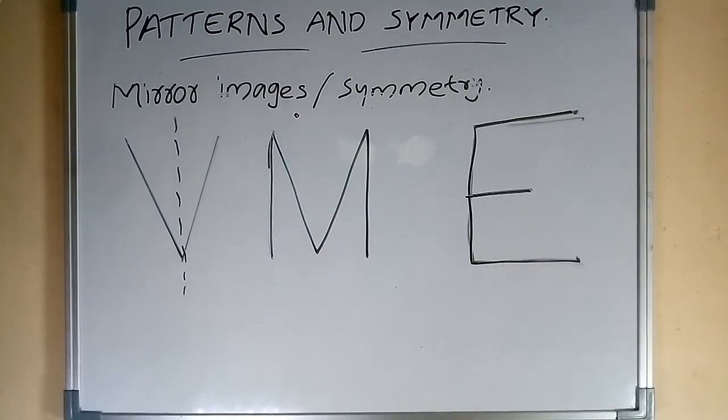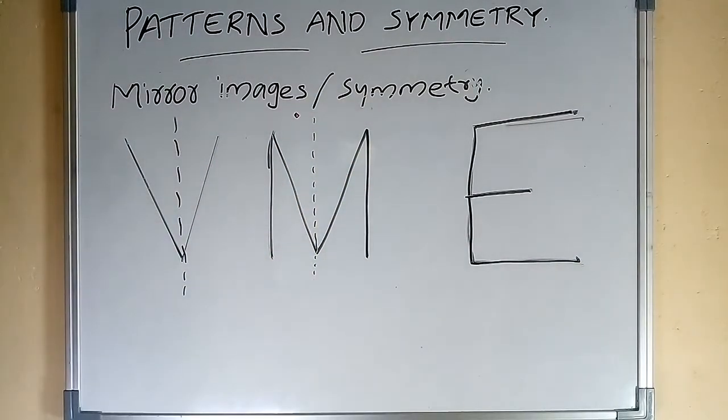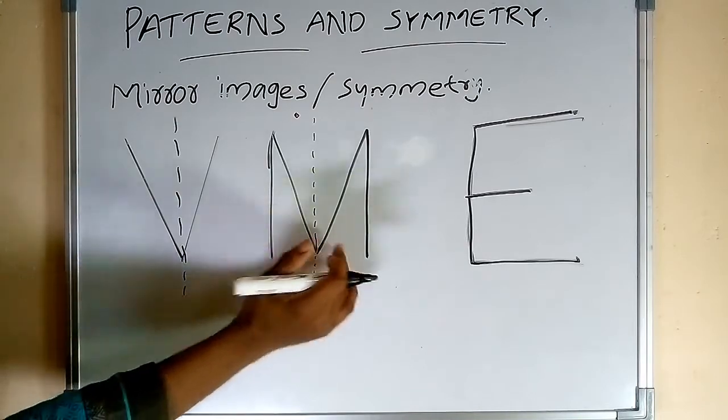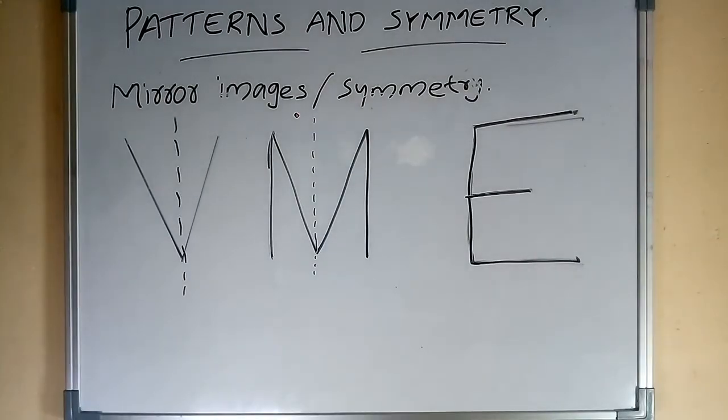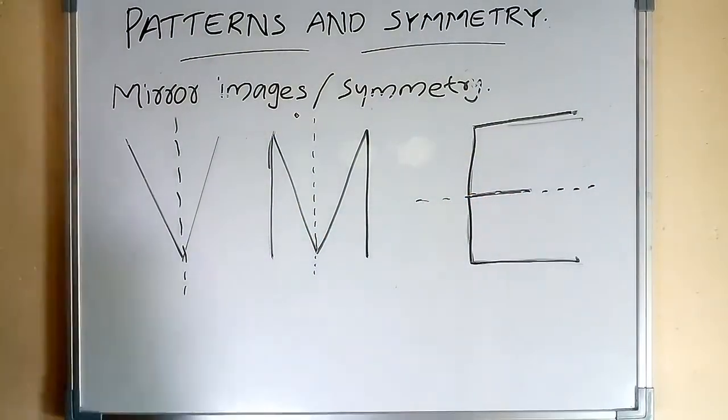That is, take this letter M and it is divided by a line in the center of this letter. So you can say that it divides into two equal halves such that one half is the mirror image of the other one. See the next letter, E. Place a mirror like this. Look into that mirror.